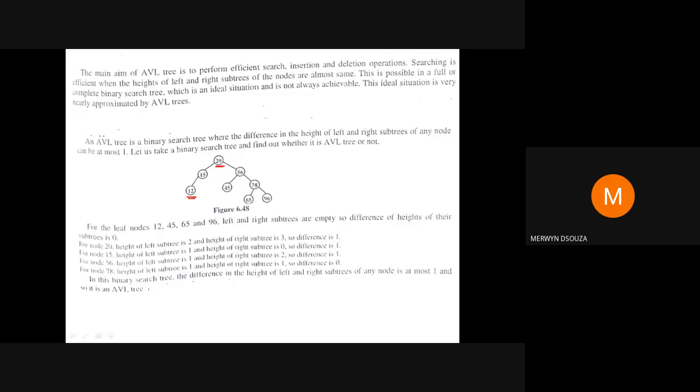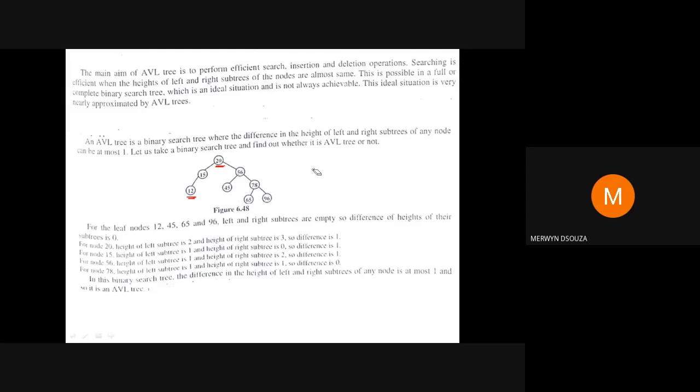Let's calculate for 12. Now, you know 12 is a leaf node. 12 does not have any children, so it does not have a left subtree or a right subtree. Nothing is present.